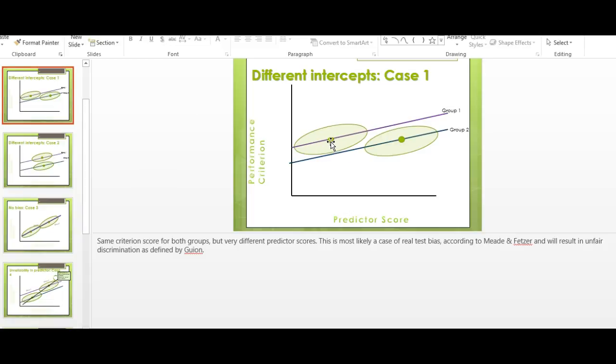So understanding a pretty large gap on the predictor with no gap or very little gap on the criterion is a cause for concern. And to the extent that there's a big difference in this gap from this gap, we could have a tiny gap here and a very large gap here, that would also be bad.